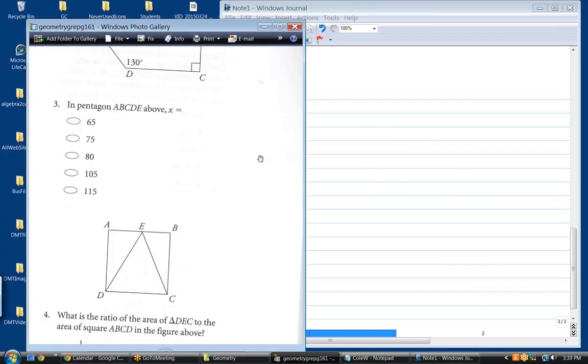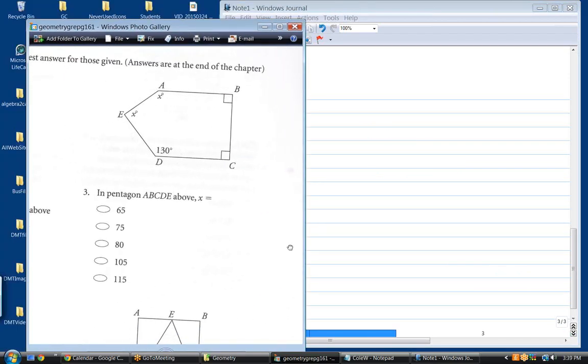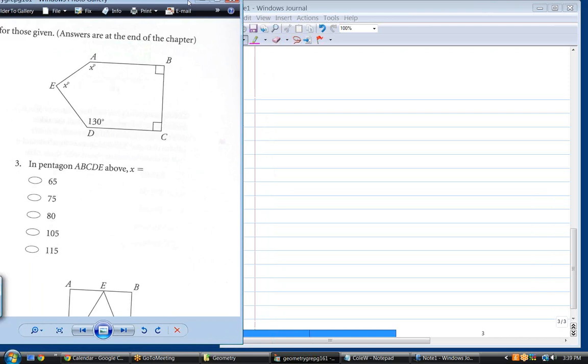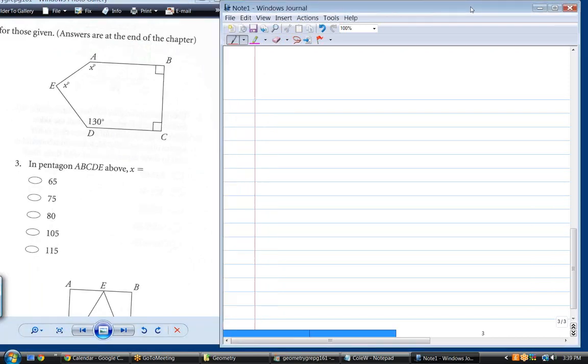Hold on. Here's a pentagon. Now, just a note on terminology. Pentagon just means 5 sides. Okay? A regular pentagon means 5 equal sides, 5 equal angles.